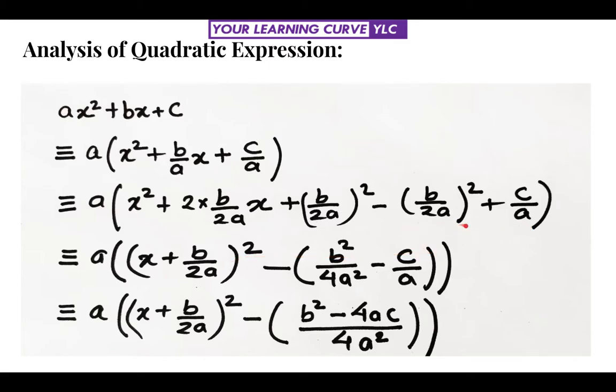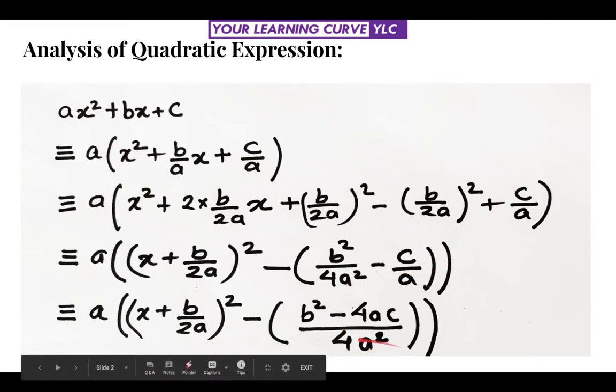Whatever is remaining, c by a minus b by 2a whole square, you take minus sign common, it becomes b square by 4a square minus c by a. Take 4a square LCM, you get b square minus 4ac upon 4a square.